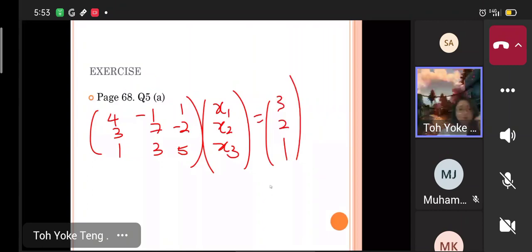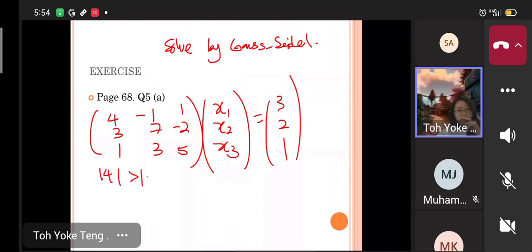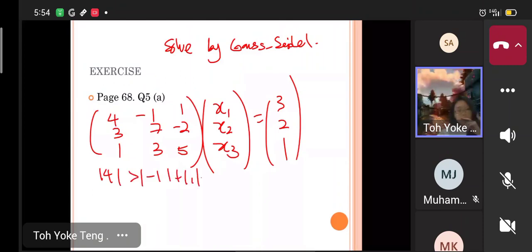For this question, it asks you to solve it using the Gauss-Seidel iteration. The first thing is to check whether the condition is fulfilled or not. So 4 is greater than negative 1 plus 1. Okay, 4 is greater than 2, yes.